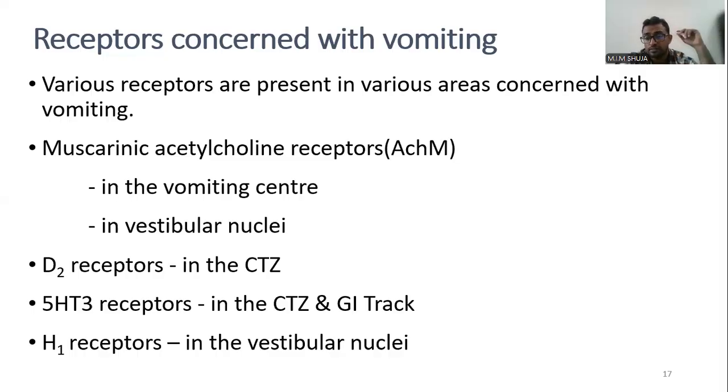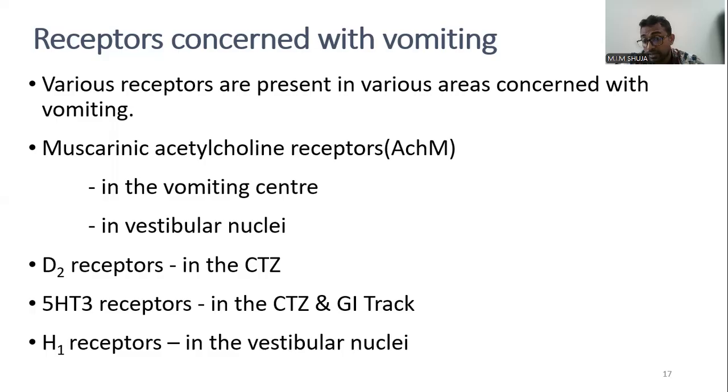When someone travels by bus, boat, or car, signals from the inner ear can stimulate the vestibular nuclei and then activate the vomiting center. Drugs with anti-muscarinic action can reduce this type of vomiting. Second are the dopamine receptors or D2 receptors. These receptors are mainly present in the chemoreceptor trigger zone.